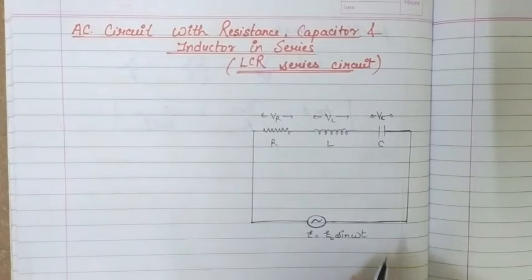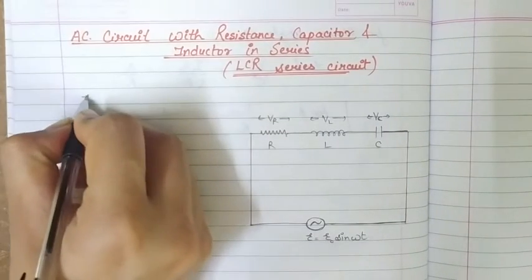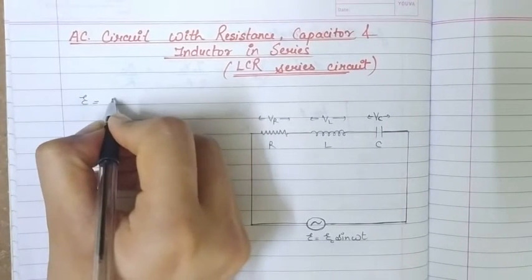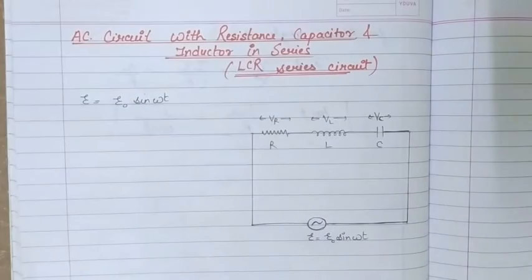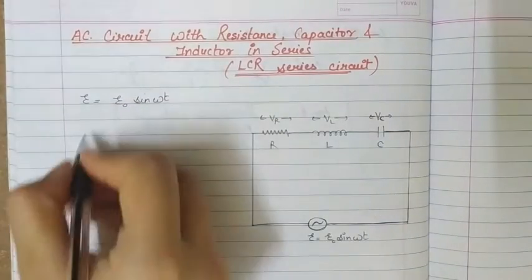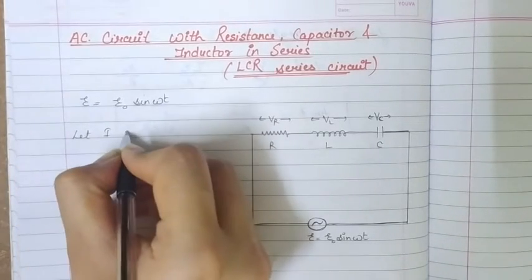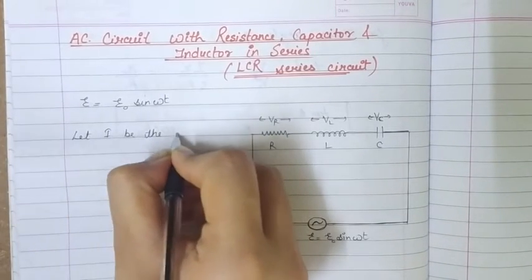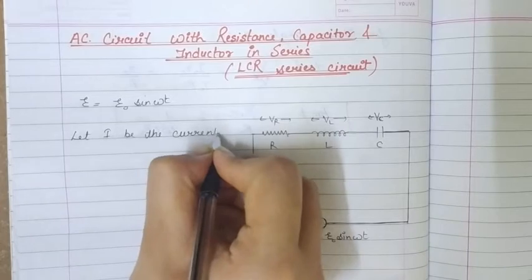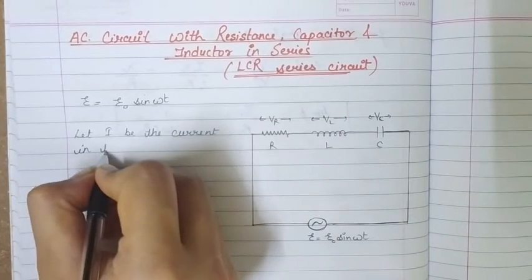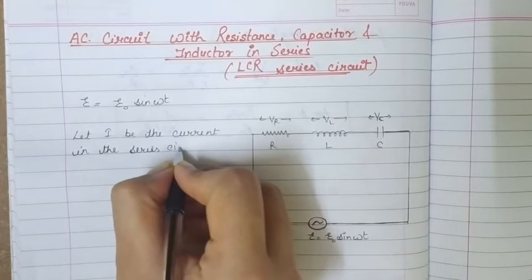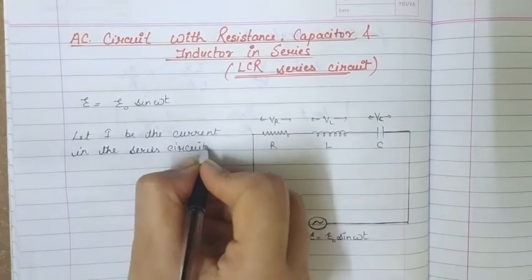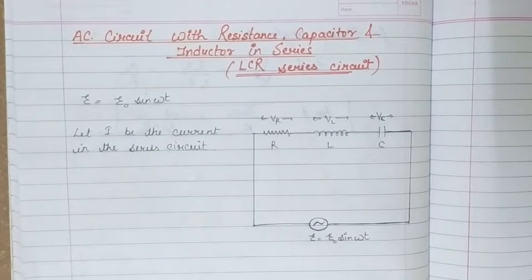And we are assuming that capital I is the current in this series circuit at any instant.